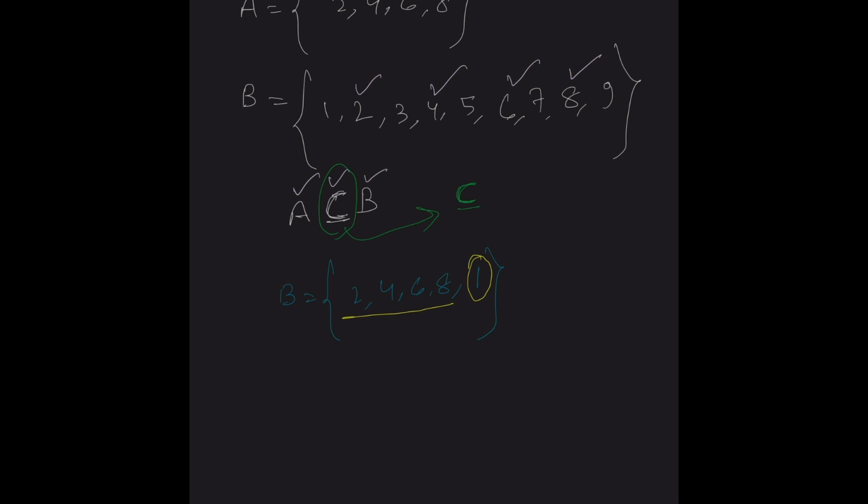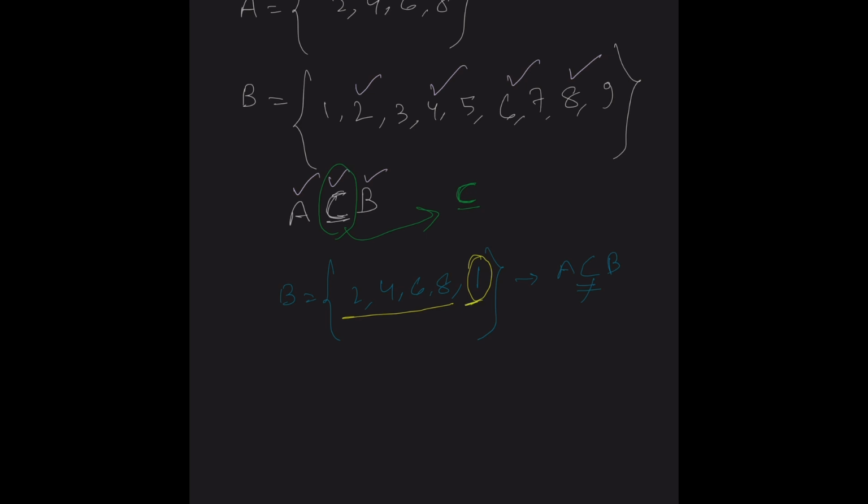Then we could say that A is a real subset of B, and we can write that as A is a real subset of B. This can be more than one element, like here.